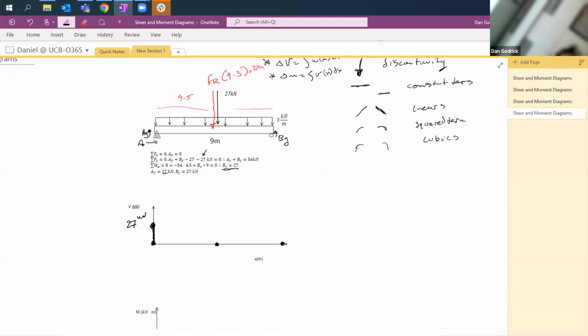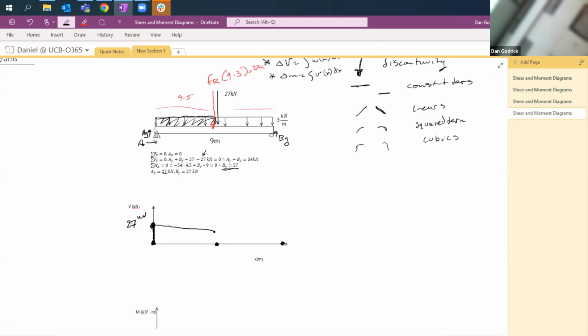All right, so in between our first point where we start at 27 and the midpoint, we go down. How far do we go down? One of the things that we said is we can take the area under our load curve.